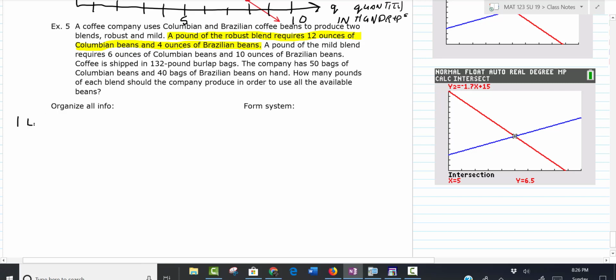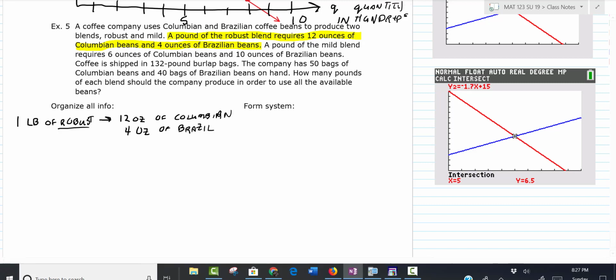So 1 pound of robust. Okay, here's what it requires. Okay, it requires 12 ounces, so it looks like we have ounces and pounds are kind of out of whack, of Colombian beans. And it requires 4 ounces of Brazilian beans. Okay, so I've got that.